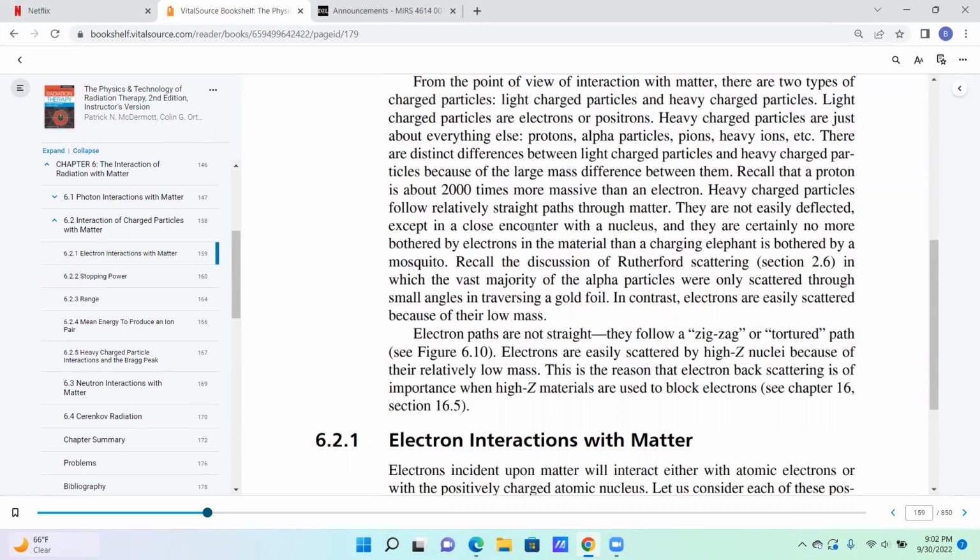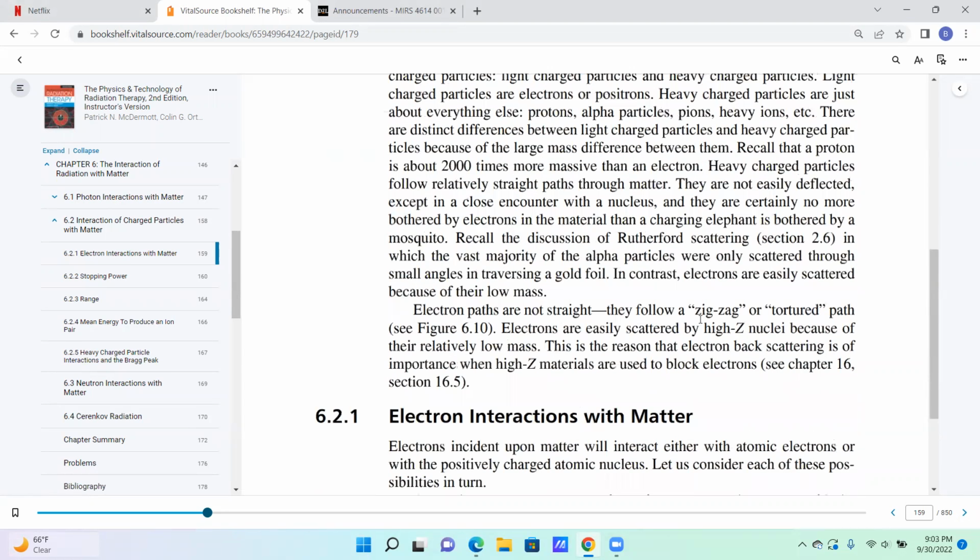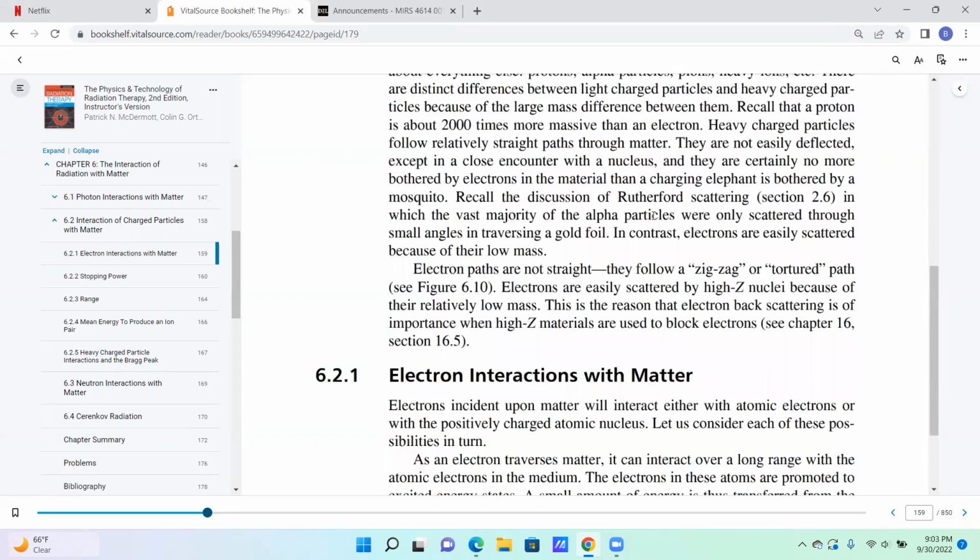Heavy charged particles follow relatively straight paths through matter, and it's because they're heavy. You can't easily deflect them except if they encounter a nucleus, and they're not really bothered by electrons. If you recall the discussion of the Rutherford scattering, the vast majority of alpha particles are only scattered through small angles in traversing the gold foil.